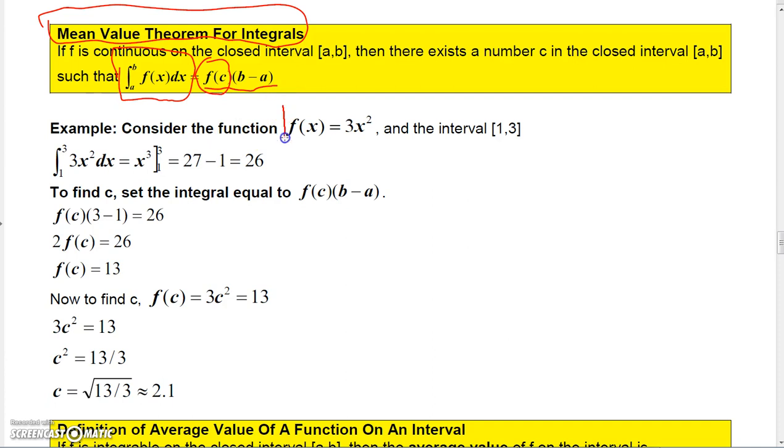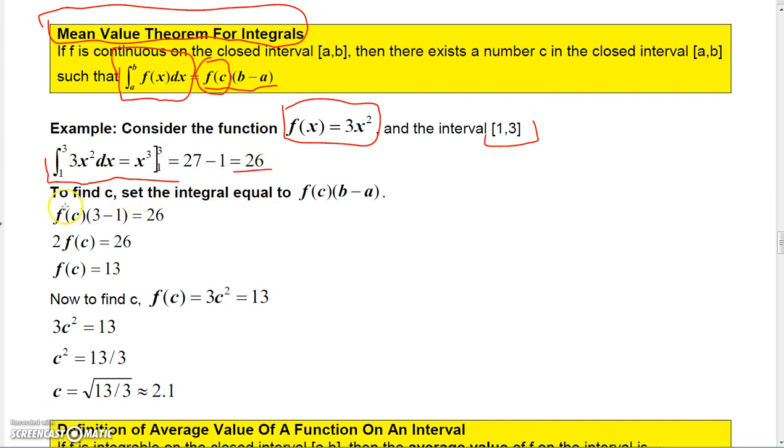Suppose we have the function 3x squared and the interval is 1 to 3. If we evaluate the integral from 1 to 3, 3x squared is simply going to be x cubed when we integrate it, and then from 1 to 3 it gives me 3 cubed minus 1 cubed, which is 27 minus 1, or 26.